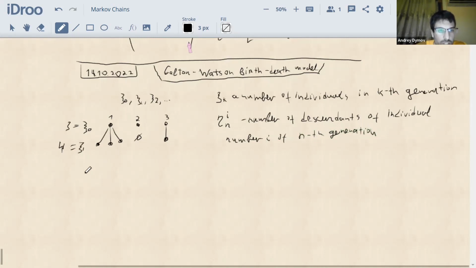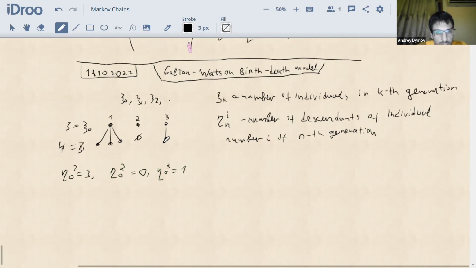For example, in my picture, eta 0,1, the number of descendants of this guy, equals 3. Then eta 0,2 equals 0, and eta 0,3 equals 1.